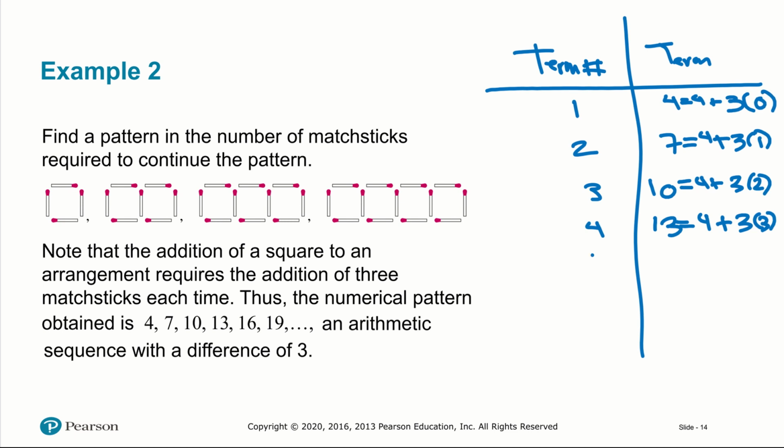So you can see that the nth term of this sequence, an, is going to be 4 plus 3 times n minus 1. All right, so there we have the general term for this particular sequence.